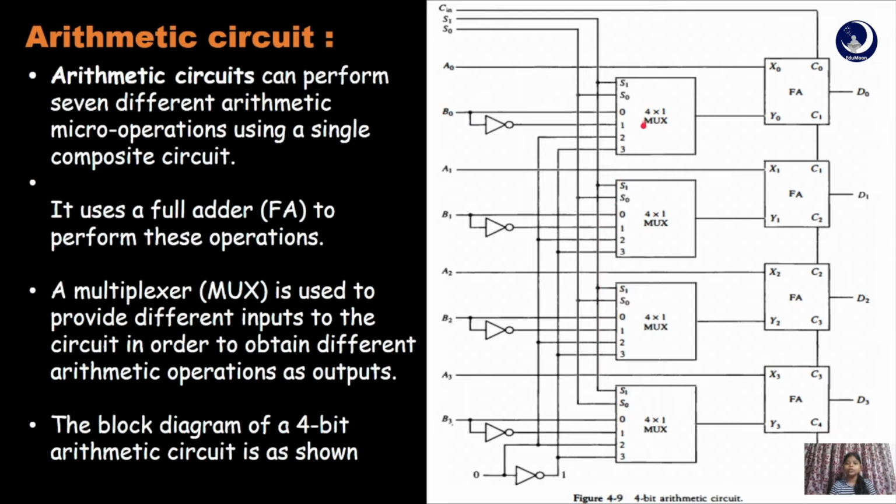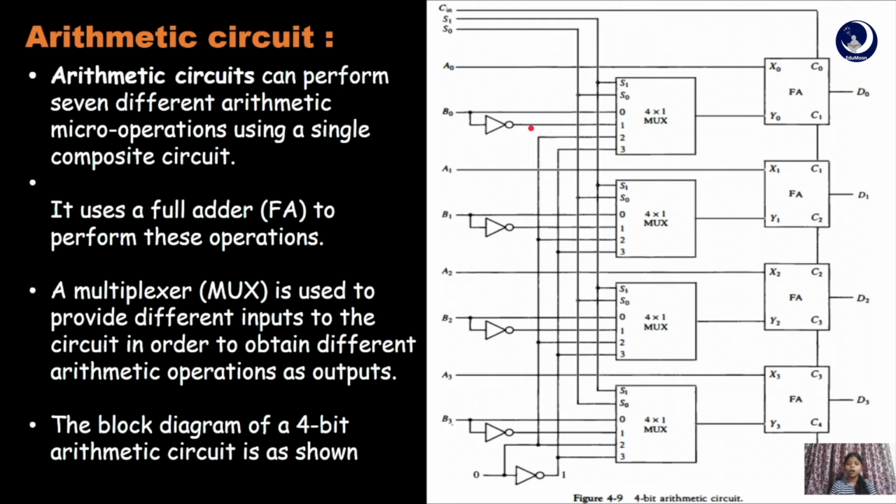The 1 inputs of the multiplexers receive the complements of the B bits, that is, B0 complement is connected to the 1 input of the first multiplexer, B1 complement to the 1 input of the second, B2 complement to the 1 input of the third, and B3 complement to the 1 input of the fourth multiplexer. Here these complements are obtained by using a NOT gate.